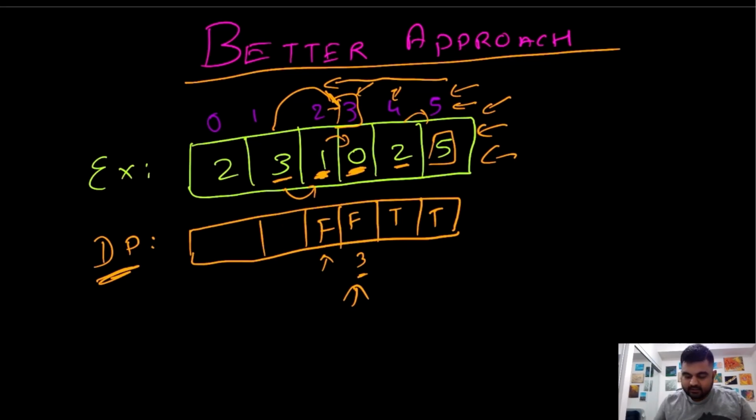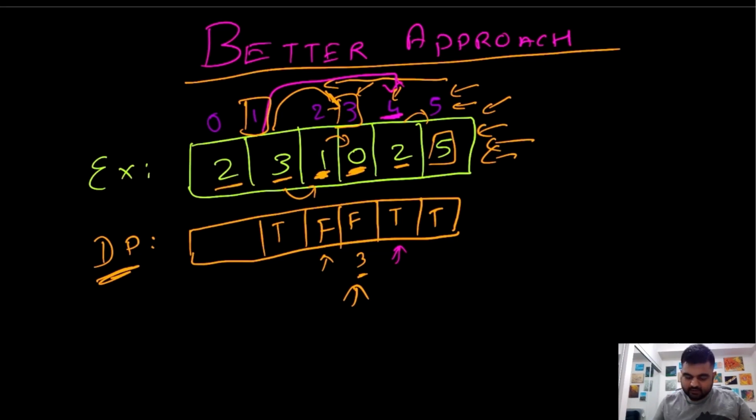Now from this third position, we still have one more possibility, that we can take a jump of three values. So if we take a jump of three values, we end up at index number 4. For this index number 4, we see that the value is true. If we find any true, which means that we can say that from this index number 1, we can reach this last endpoint.